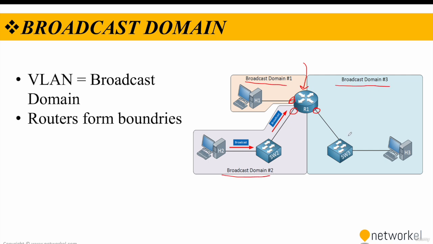No matter whether in this segment I have a switch or not, unless there is a router in that particular segment, there will be no additional broadcast domain. So even if I had multiple switches, for example in here, or another switch connected to here, no problem. They won't form any boundary for the broadcast. There would still be 3 different broadcast domains in this topology.